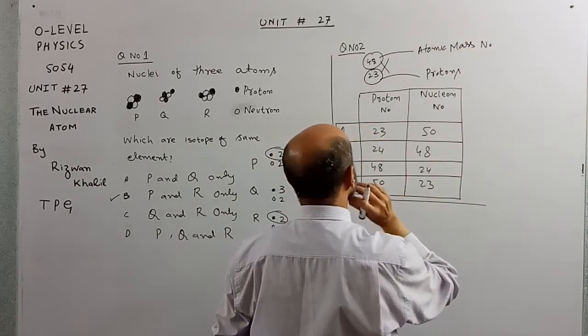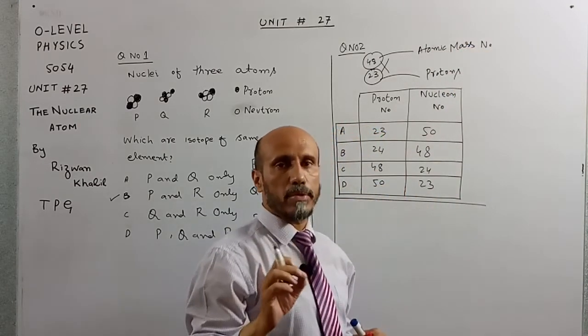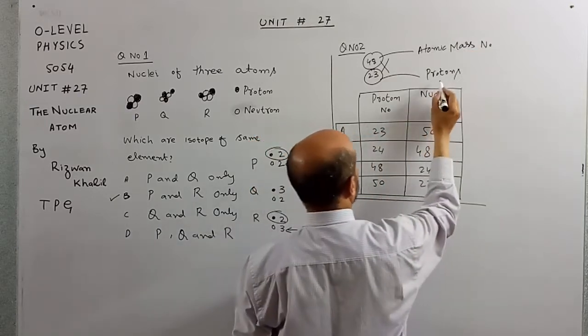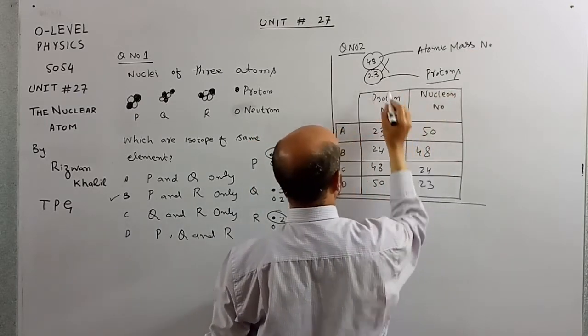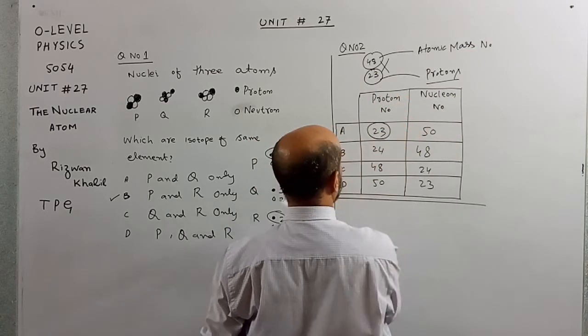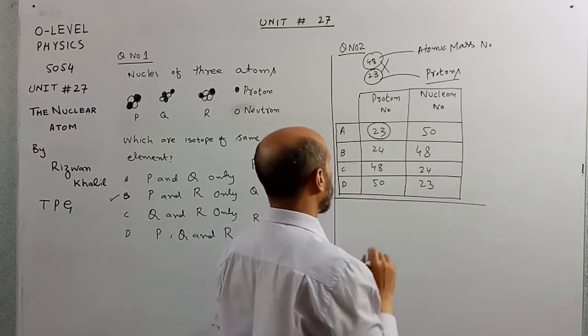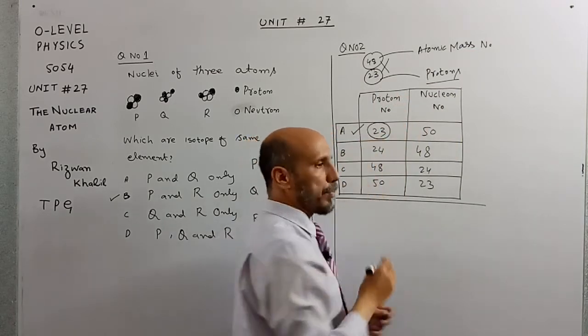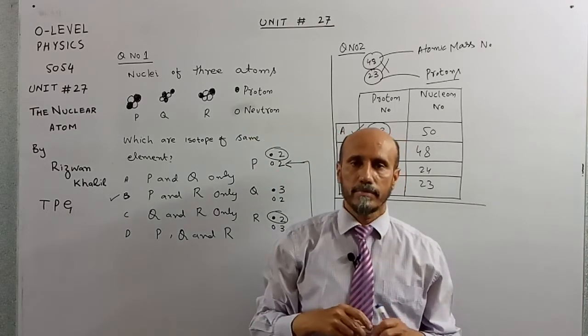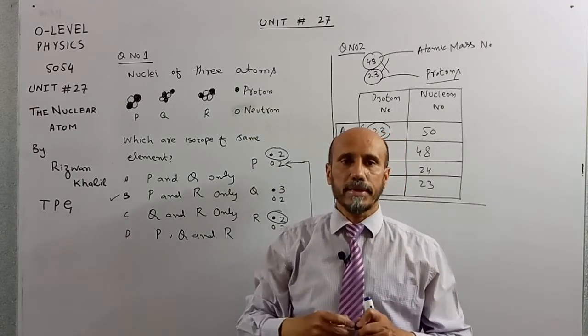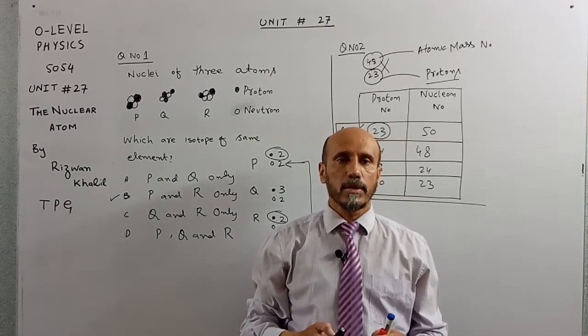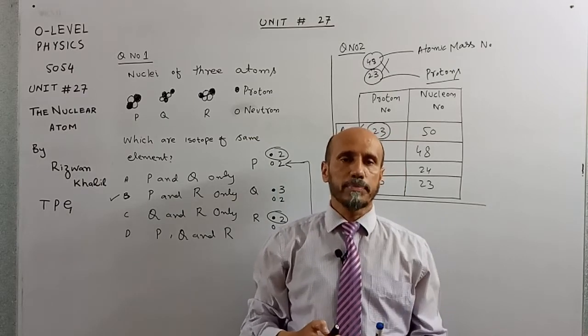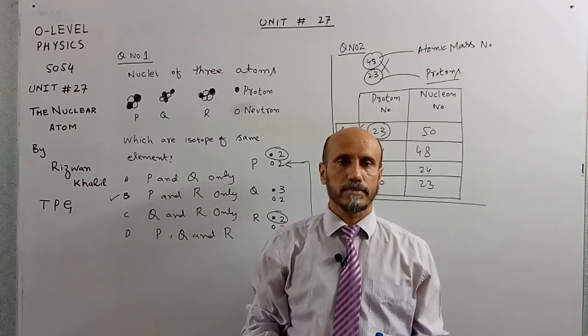So elements having same number of protons. So what was the value of proton number? 23, and only there is one option in which there is 23. So which option is the correct option? Option A.